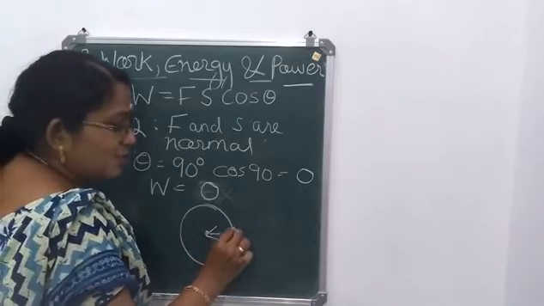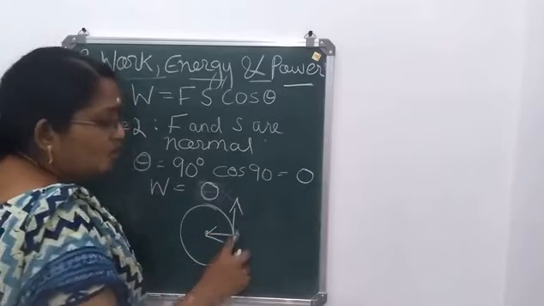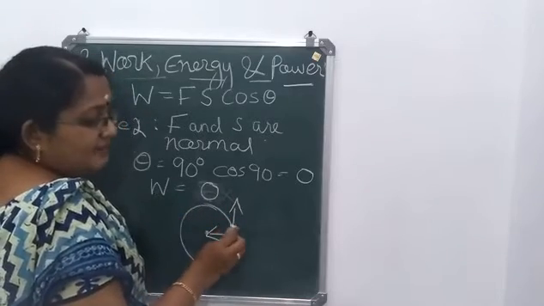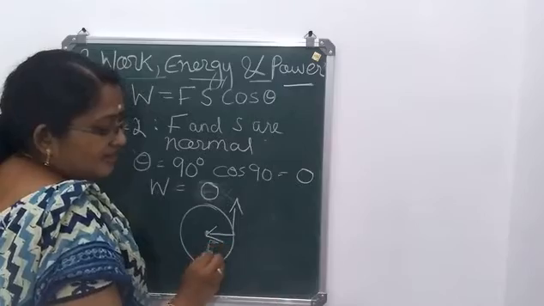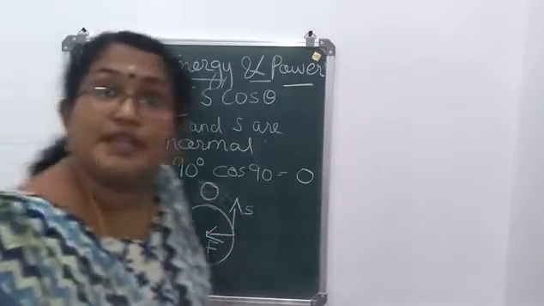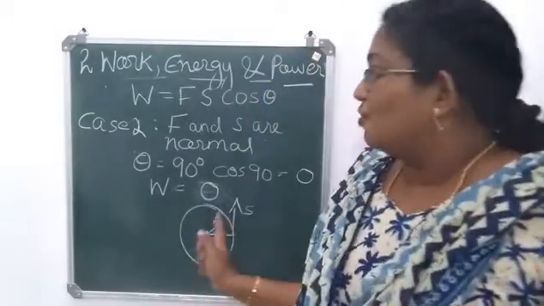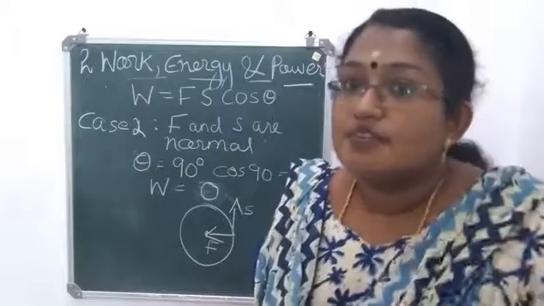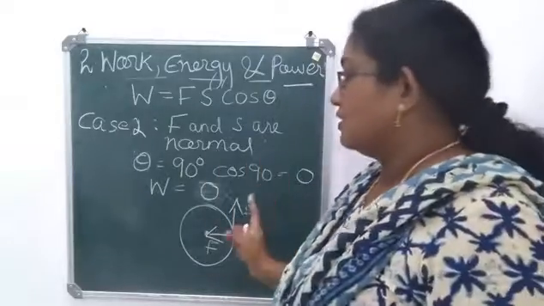What about the direction of the body? The body will be moving like this, isn't it? That means force is this, displacement is this. Force and displacement are perpendicular to each other. So what about the work done when a body is moving in a circular path? It will be equal to 0.